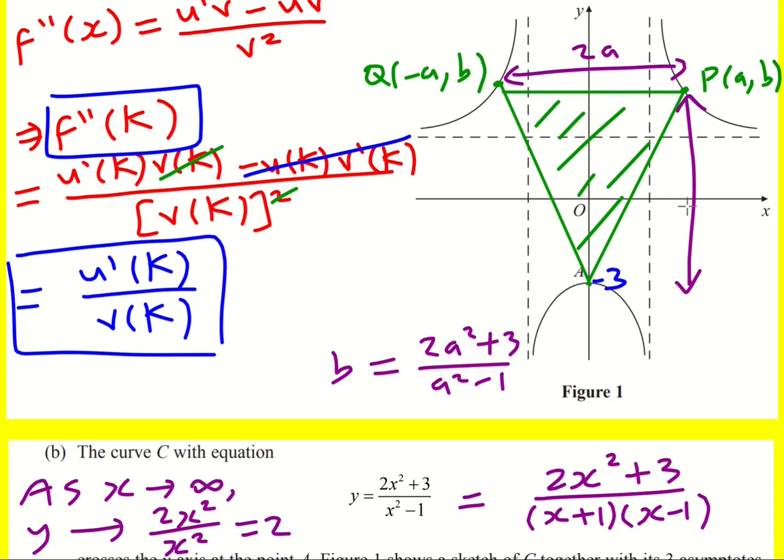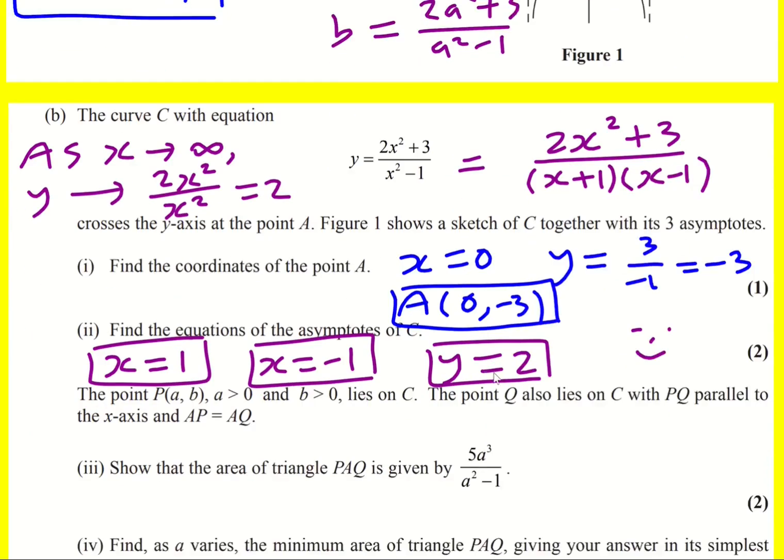And therefore this height is going to be 2a squared plus 3 divided by a squared minus 1, and I'm going to have to minus 3, which is the same as adding 3. Now I'm in a good position to figure this out.